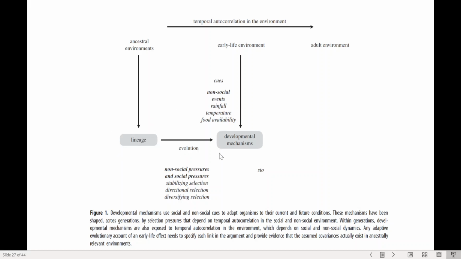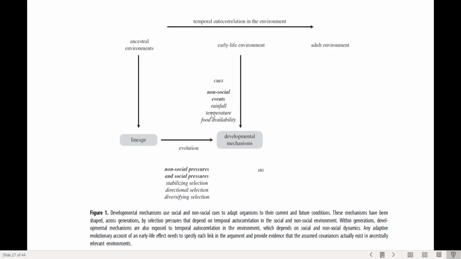One thing that I already mentioned implicitly before is that the types of selection that we discussed right at the beginning of the course are important for setting the parameters for these developmental mechanisms to emerge. So we will have stabilizing selection, directional selection, and diversifying, or as we called it, disruptive selection. Right?